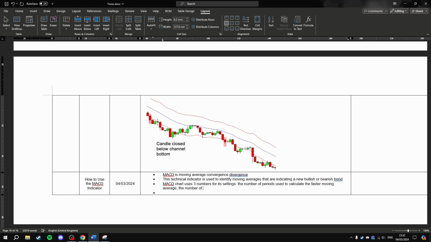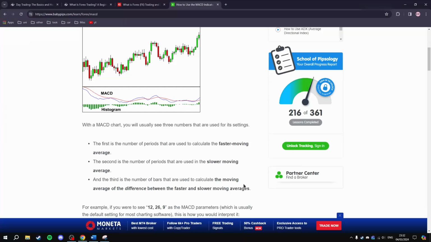The second is the number of periods used to calculate the slower moving average.